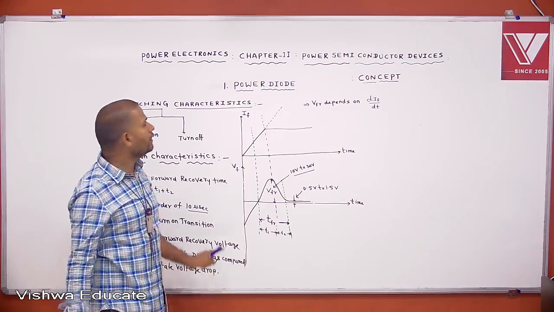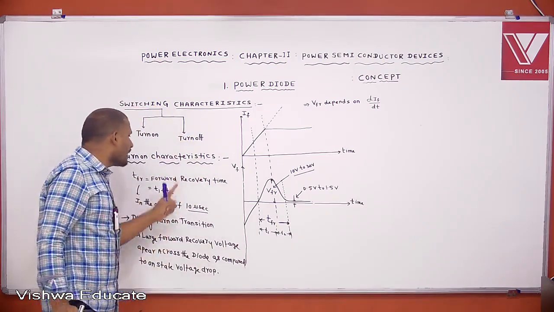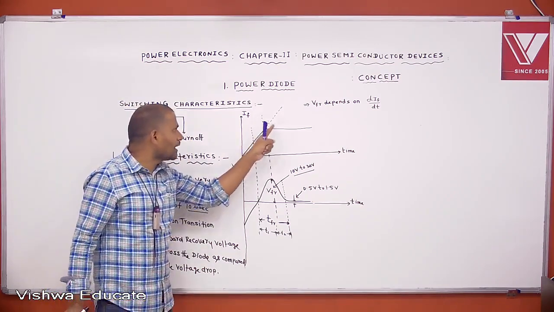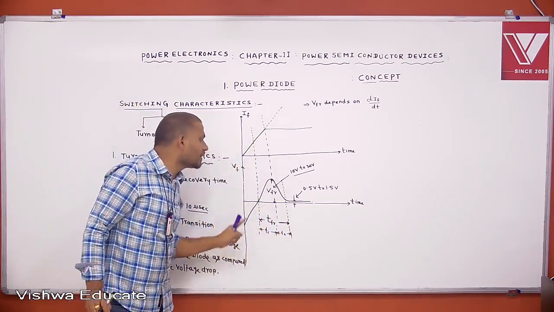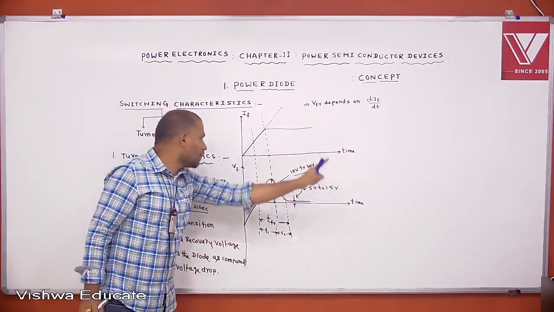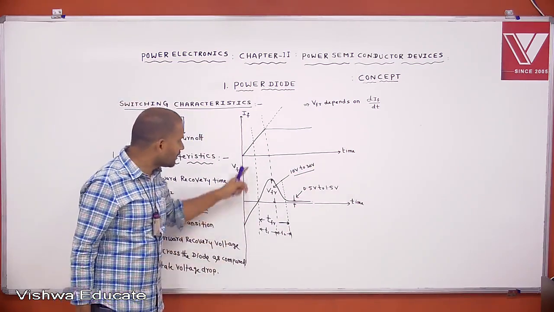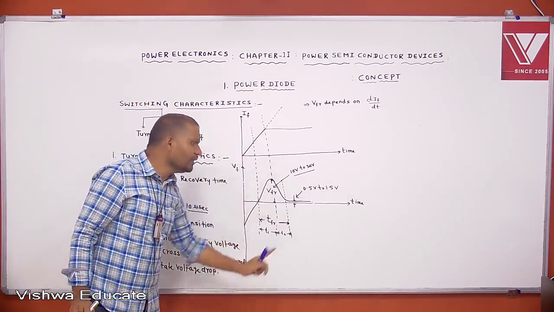Clear? Okay. This is the turn-on characteristics. The time taken to turn on the diode is the forward recovery time. This much time is taken for turn-on of the diode.